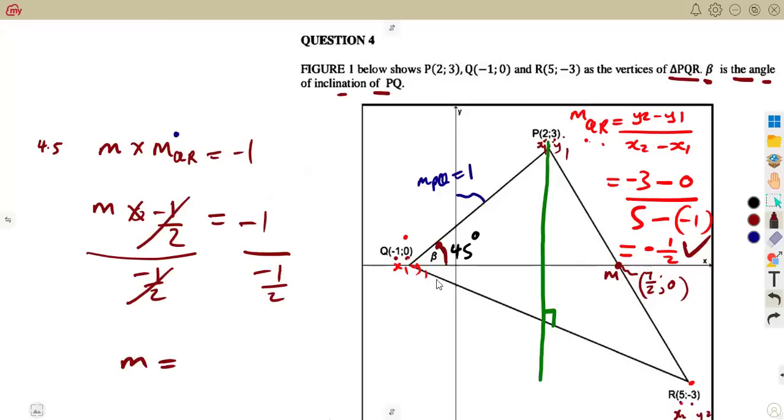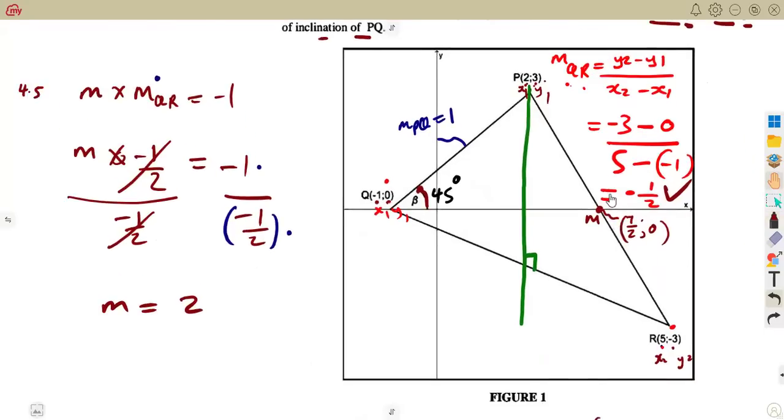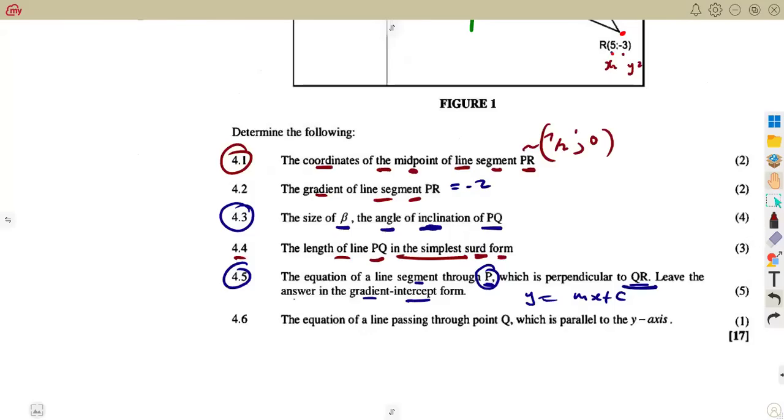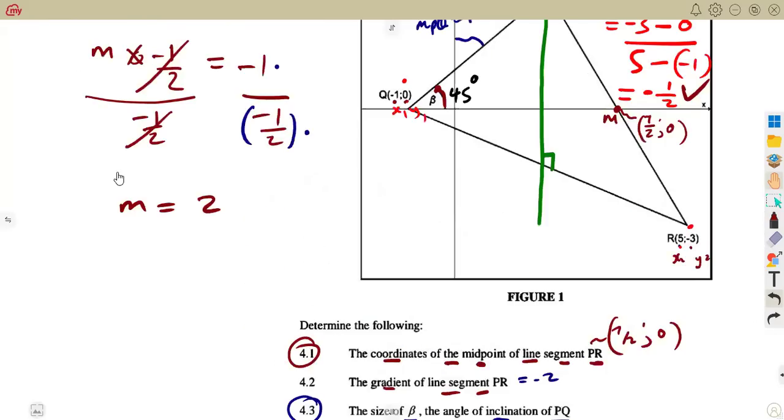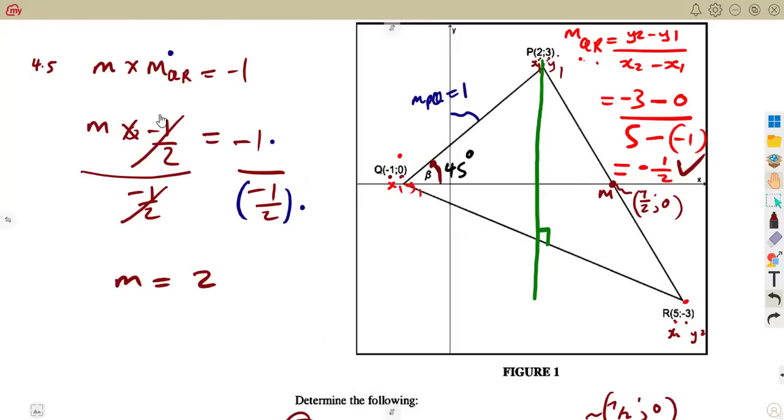So m is equal to -1 divided by -half on our calculator. That's a positive 2. So the part of being perpendicular here is the one that we have been working on. If you multiply their gradients, they will give you -1, so you form an equation from there.